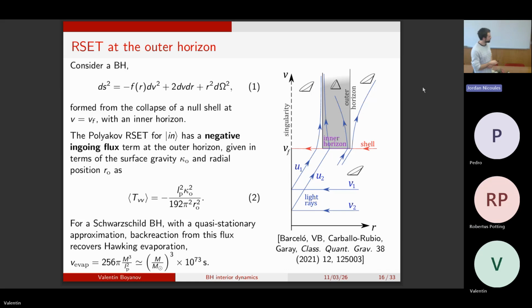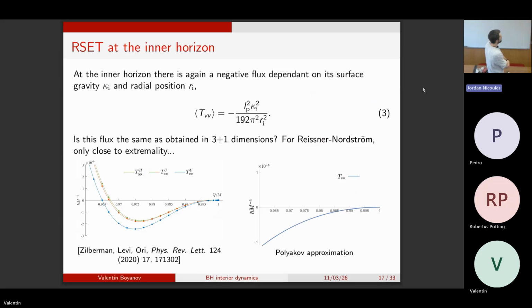If we take a quasi-stationary approximation and consider back reaction from this flux, we recover the Hawking evaporation result with the time scale that goes with the cube of the mass. If we do the same now at the inner horizon, we again find in this approximation a negative ingoing flux, which depends in this case on the surface gravity of the inner horizon.